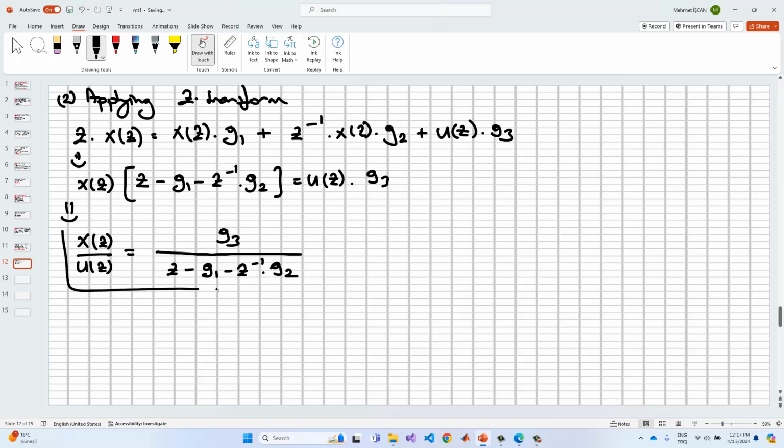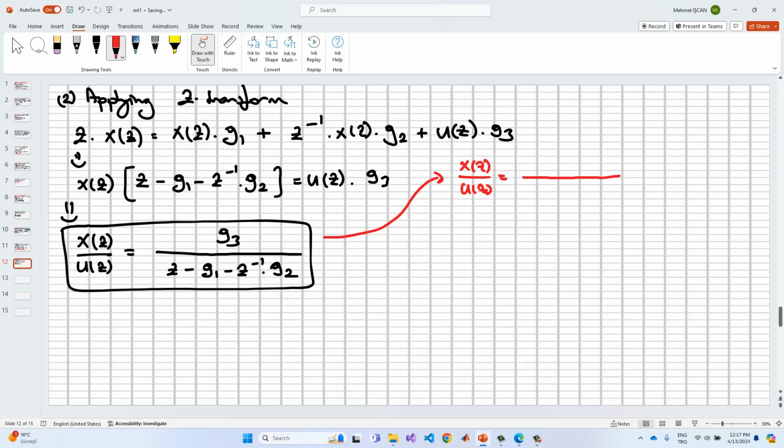Okay, this is the pulse transfer function, but we can write this equation in this form: X(z) over U(z), which is equal to g3 z over z square minus g1 z minus g2.